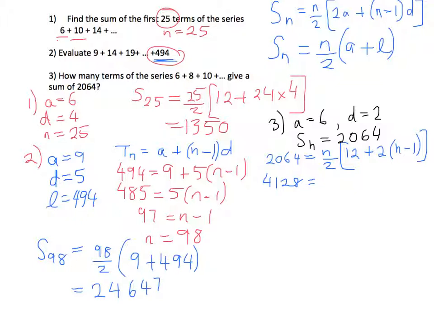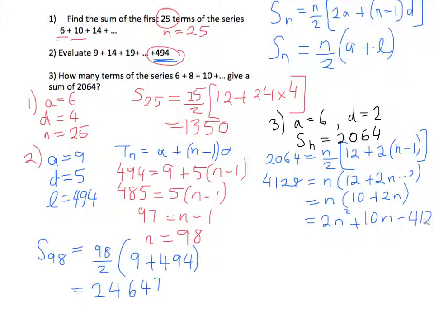equals n lots of 12 plus 2n minus 2. So what's that? 12 minus 2 is 10. And then let's maybe expand the brackets, and I might put the n squared term first, then the 10n, and then we'll minus the 4,128.